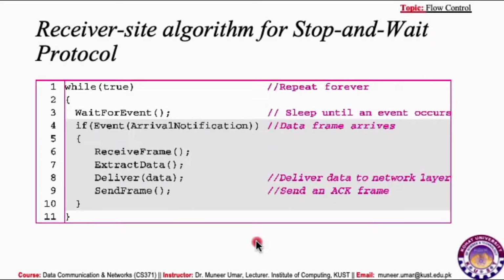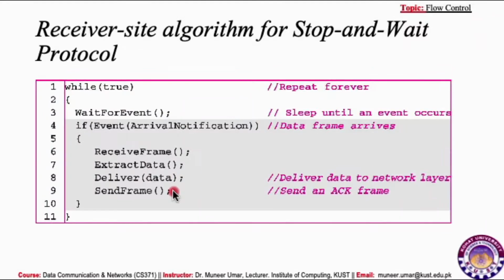This algorithm is for the stop and wait protocol at receiver side. This algorithm is similar to the simple protocol algorithm at receiver side. Here we have one additional thing, that is send frame. So the rest of the things are the same. Once all the data is received, the data is extracted and delivered to the network layer.